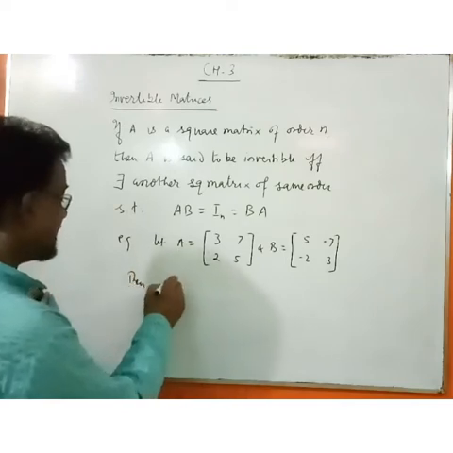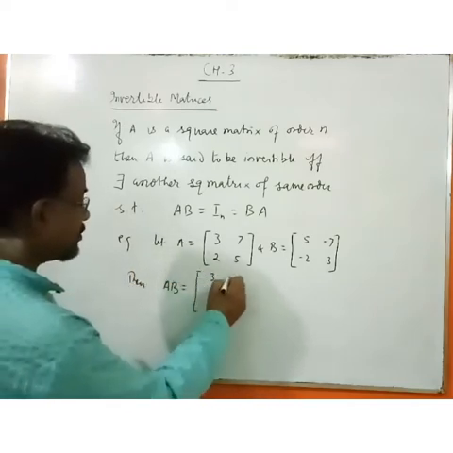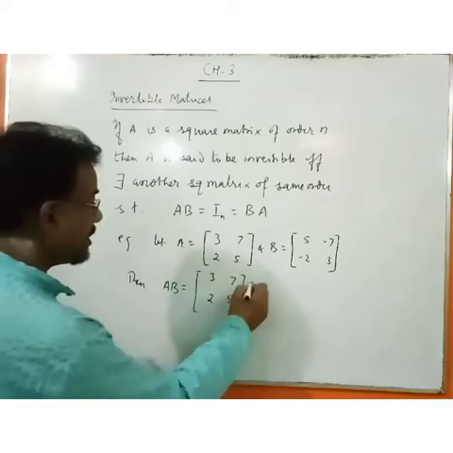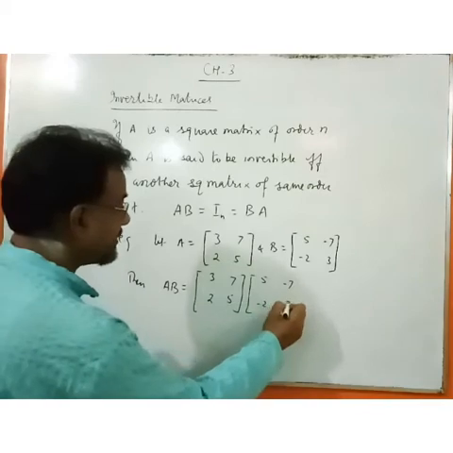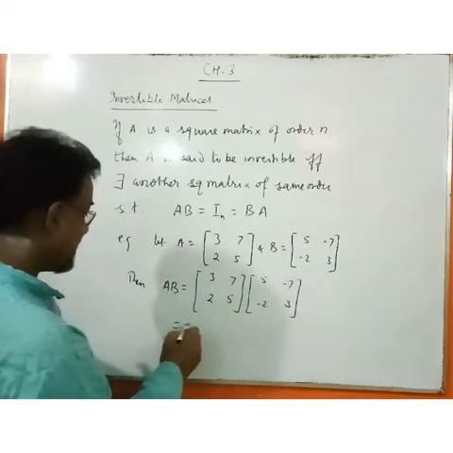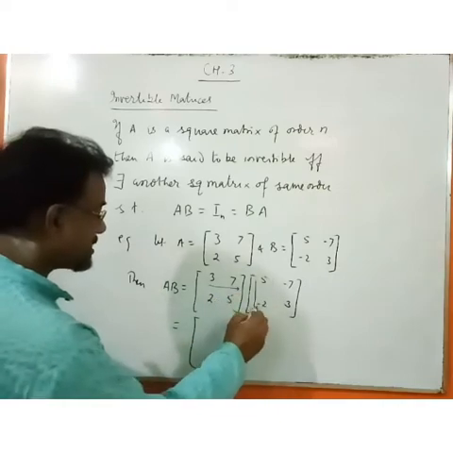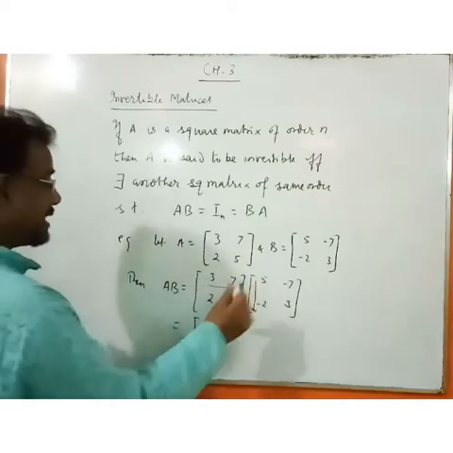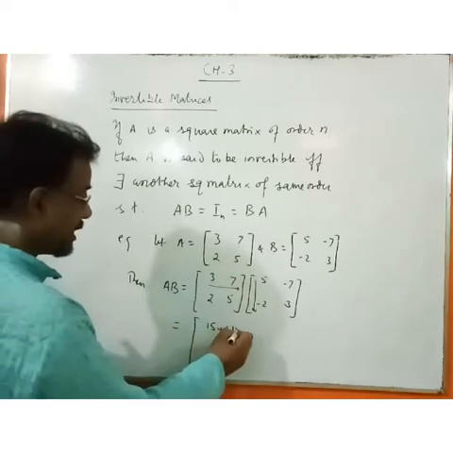Then we see that A into B is equal to [3 7; 2 5] multiplied by [5 -7; -2 3]. Let us multiply first row multiplied with first column. 3 5 ja 15, 7 2 ja 14, minus 14.